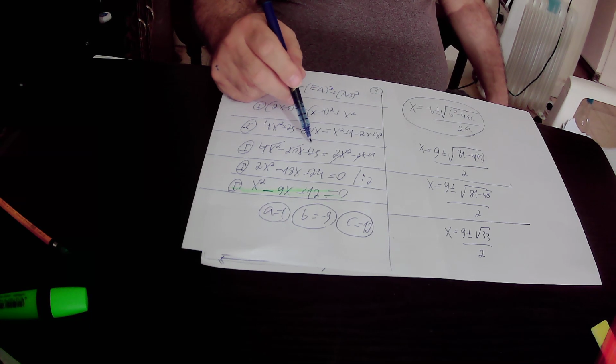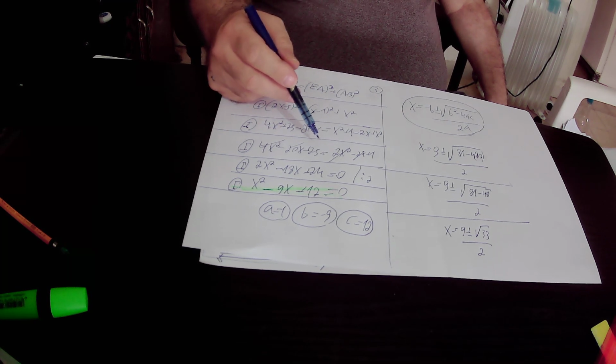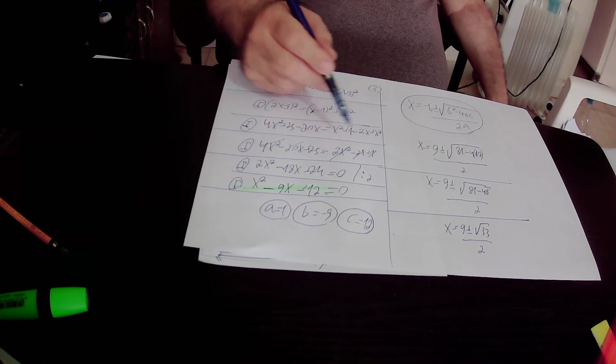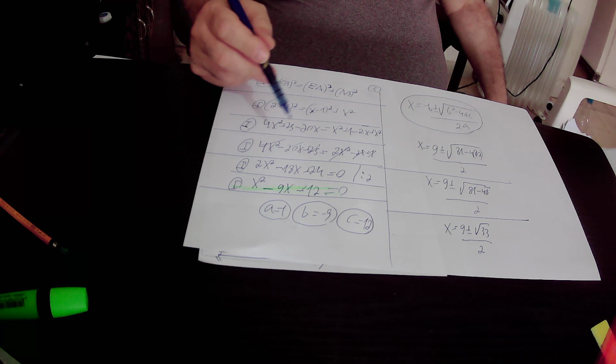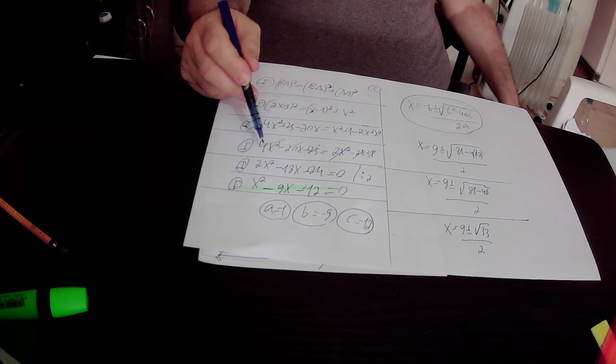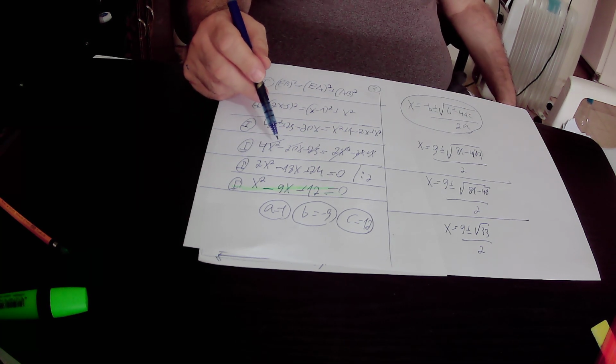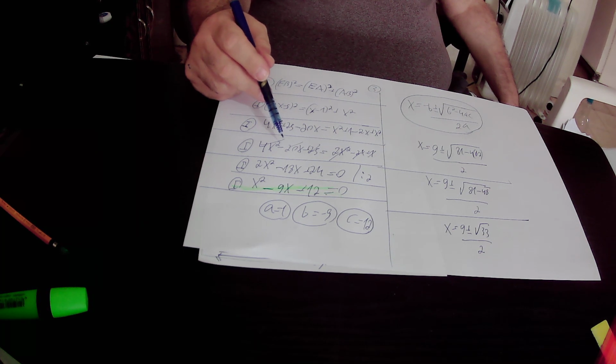And we have 25 and 1. So here we subtracted 1 from equation number 1. 1 minus 1 is 0, and 25 minus 1 is 24. So in conclusion, we got that 2x squared minus 18x plus 24 equals 0.